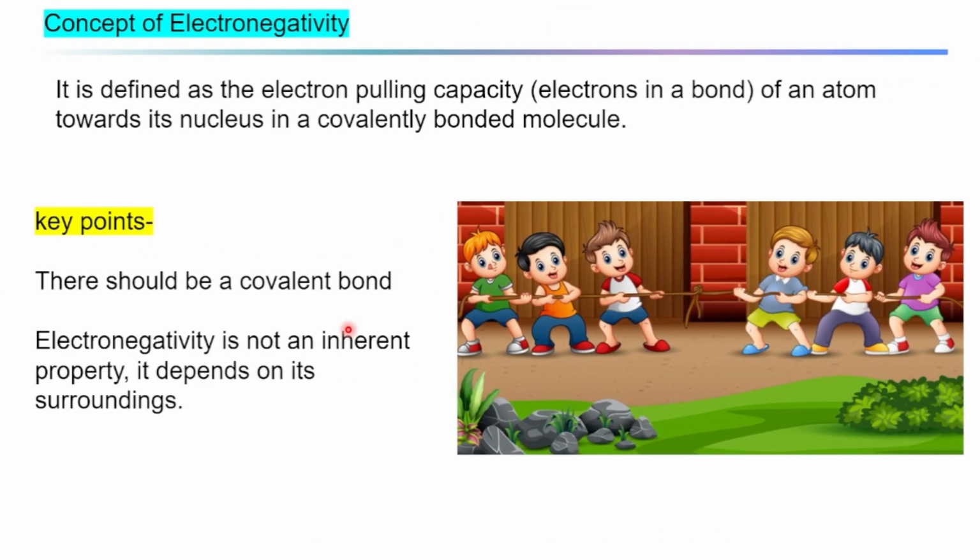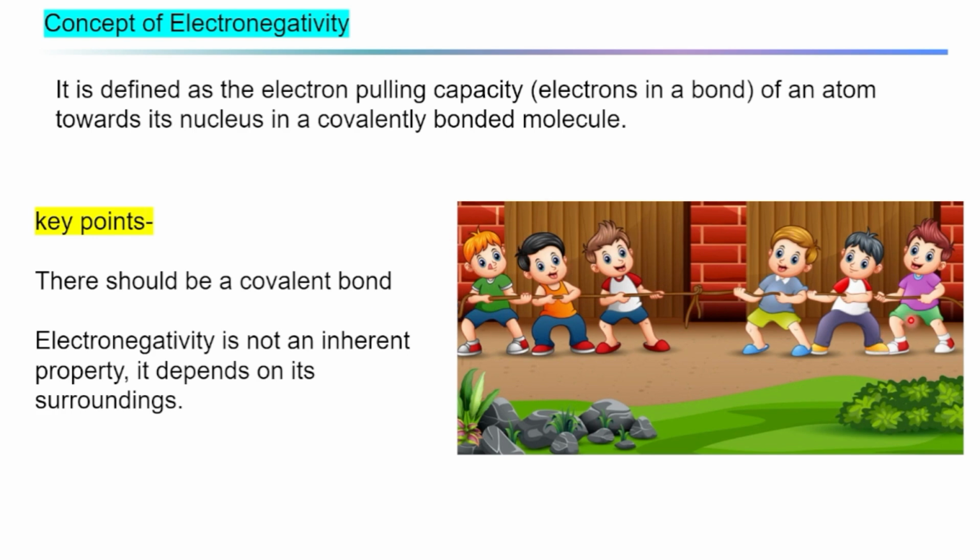So first try to understand what electronegativity is. Now you have already seen, I guess, the rope pulling game. There are two teams, and both teams will try to pull the rope to their side. If this team can pull the rope to their side, and these members come this side, this team wins the game.